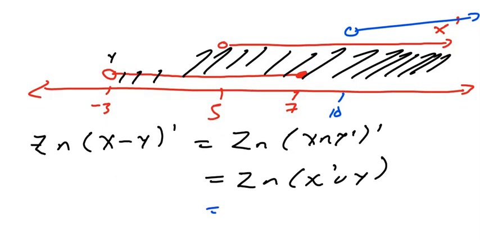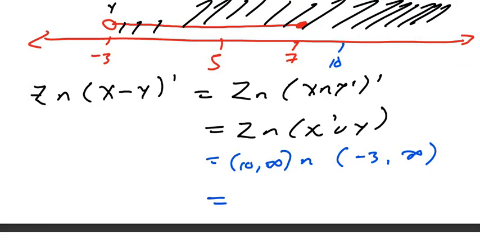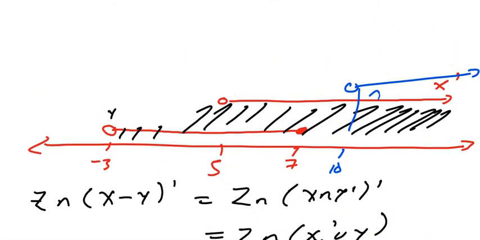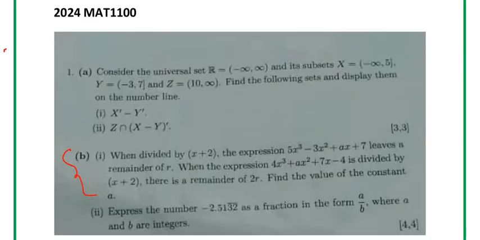Because this is now 10 to positive infinity, intersecting negative 3 to positive infinity. So the answer here is simply going to be 10 to positive infinity. Yeah, because this guy here is a subset of this, right? So this is going to be our answer. Our answer will just be from 10 going this side. That's the only time when we see the red one and the blue one being parallel to each other. That's what you have. So that answers the next question here, which is this whole question there is answered.